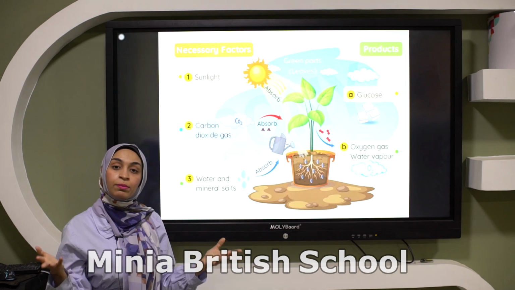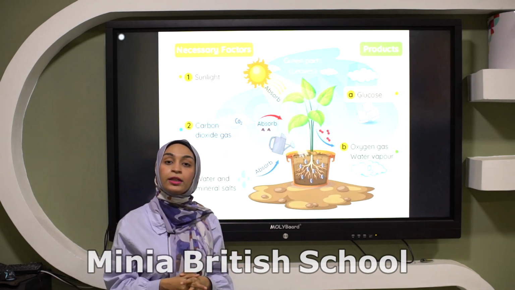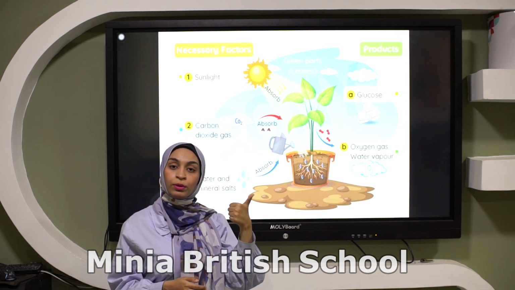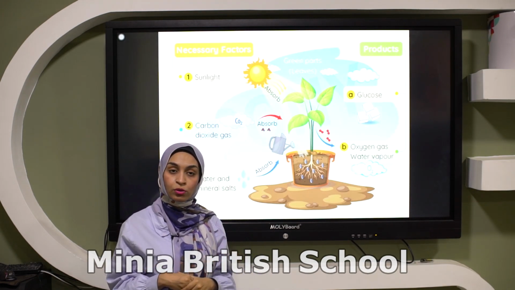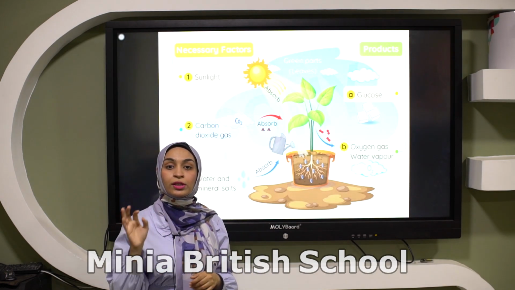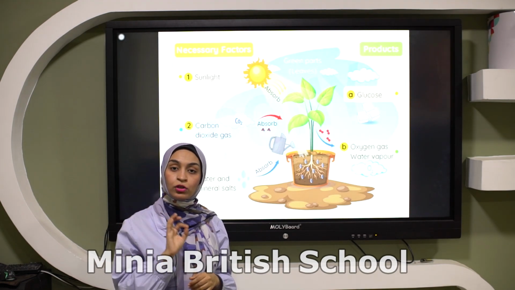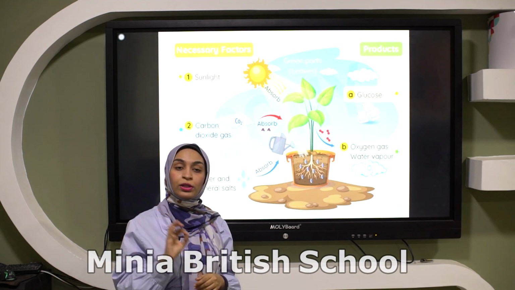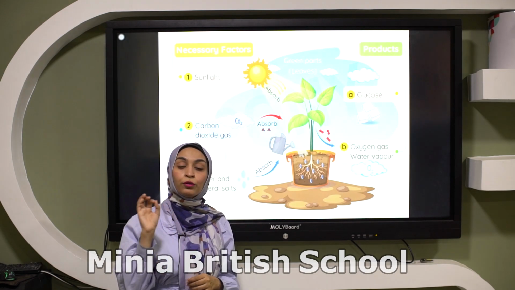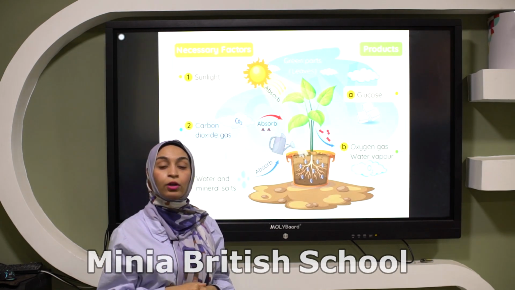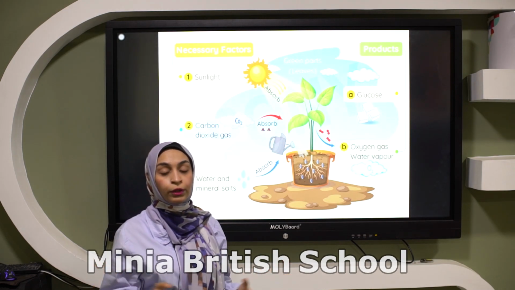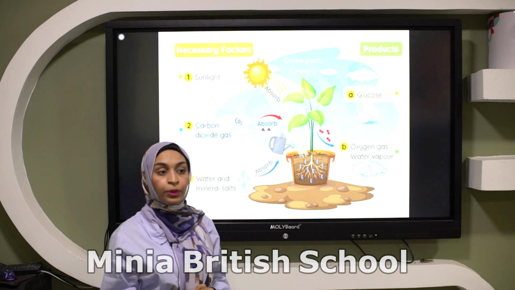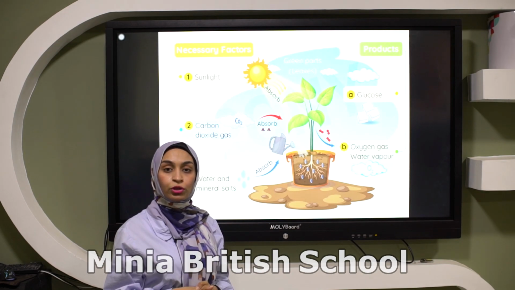How does the plant carry out the photosynthesis process? It needs carbon dioxide gas from the air, sunlight from the sun, water and mineral salt from the soil. The photosynthesis process happens in the leaves, actually in the green leaves, to produce its own food in the form of sugar called glucose, and also producing the oxygen gas, which is very important for all living organisms for breathing, and also producing water vapor.